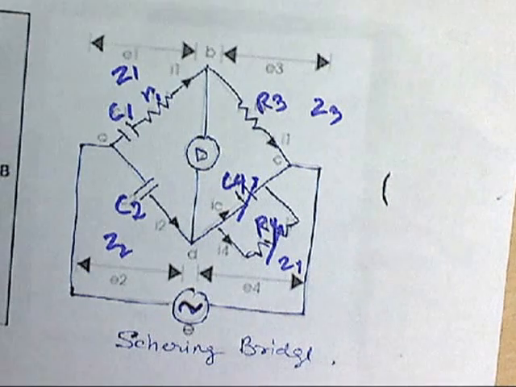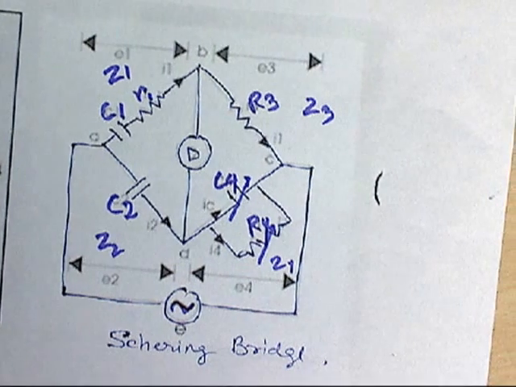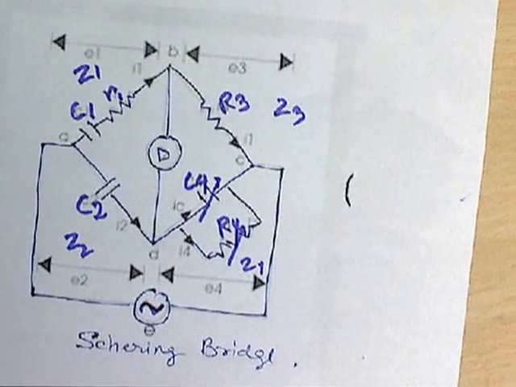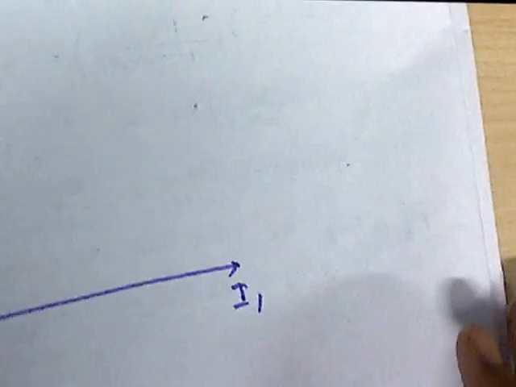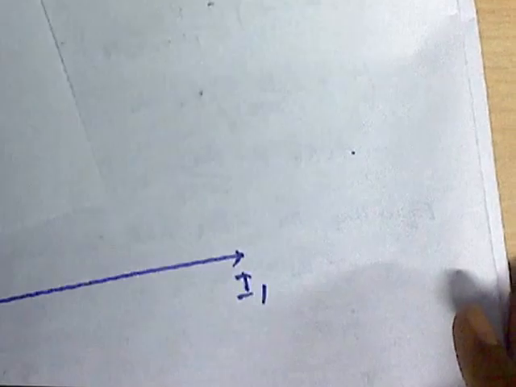Now we will draw the phasor diagram. So this is your I1. One drop is I1 R1.